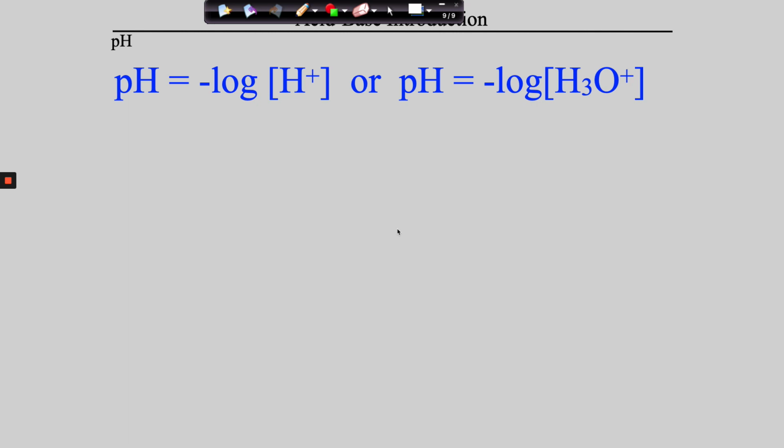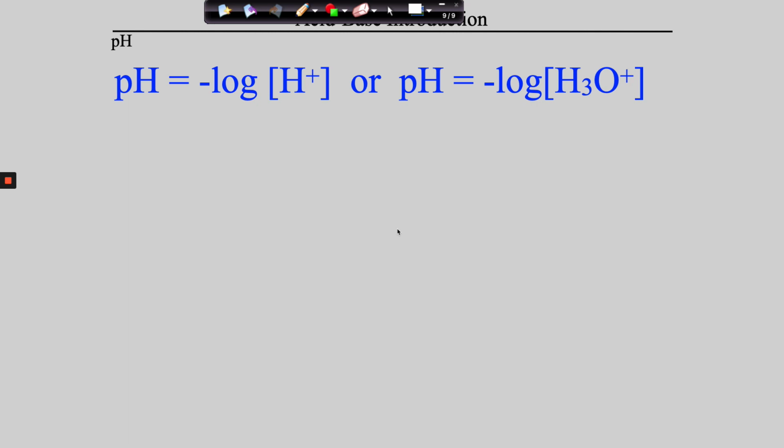So pH is equal to the negative log of hydrogen ion. Look what's next to it: pOH. If pH is the negative log of the concentration of hydrogen ion, then pOH is the negative log of the hydroxide ion concentration. And Jared, that's where your brain went, and we're going to wrap up by going there.